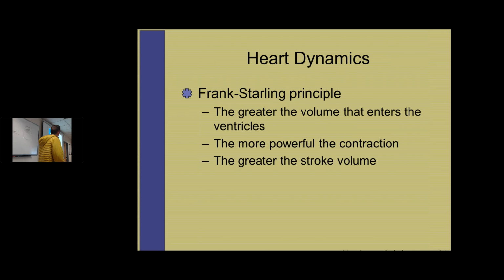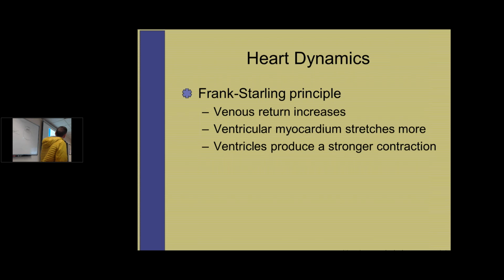All right, this goes into kind of better detail. The Frank-Starling principle is all dependent on the volume that enters the ventricle. The power of the contraction gives the greater stroke volume. So more filling time and more powerful contraction equals greater stroke volume, and you're going to have better cardiac output.